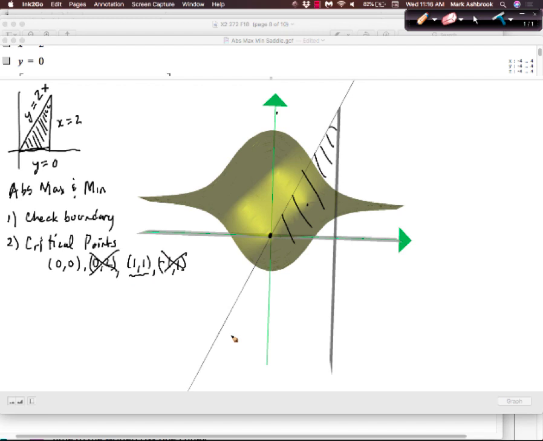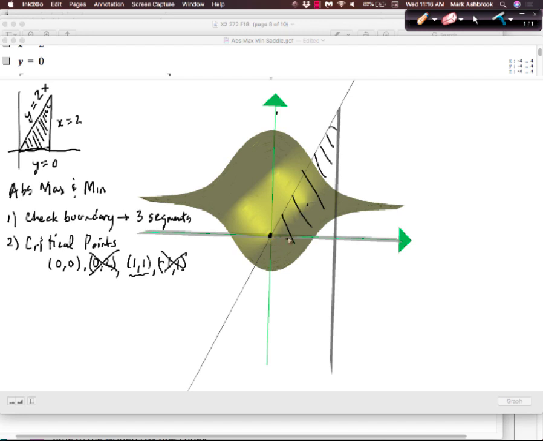Okay, so we're going to check the boundary. But now the boundary consists of 3 segments, so we have to go all the way around it. We're going to check along y equals 0, x equals 2, and y equals 2x. Each one of those will be like a Calc 1 problem, where we're checking the endpoints and along the middle.